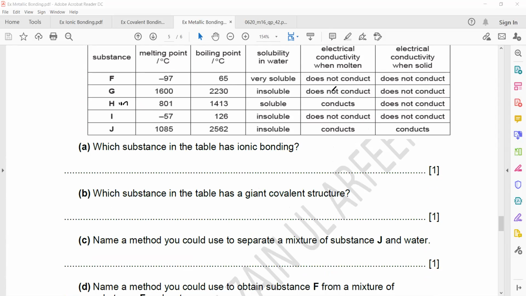And substance G, it's a macromolecular covalent compound because it is insoluble, does not conduct electricity.